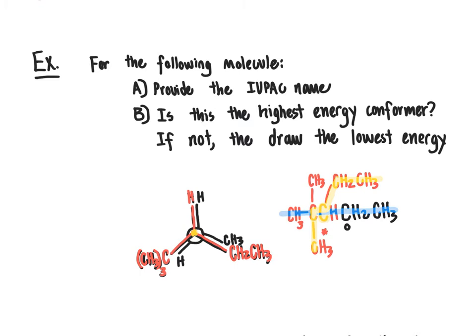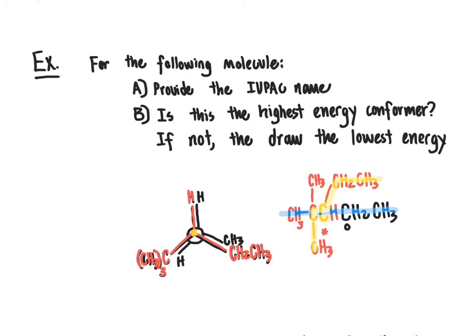Another possible option is that you could have started up here and come down and gone through here, but that's also the same as the option that we just drew out. So let's take a look at what we would come up with as the name for this.